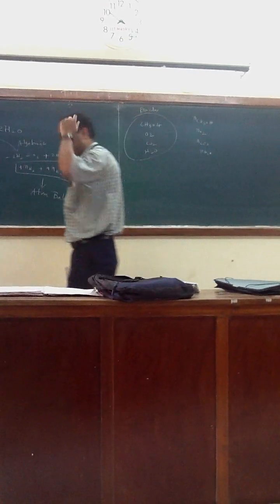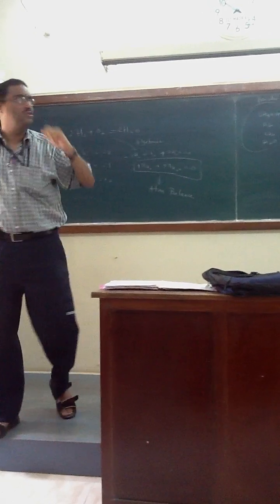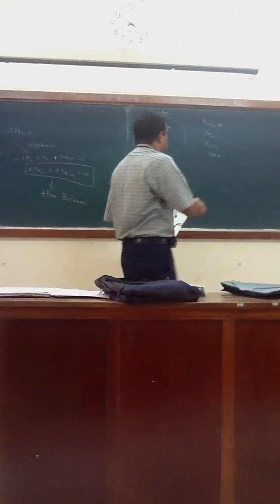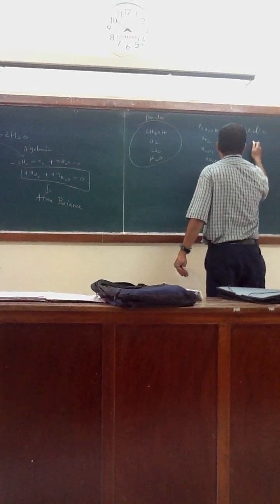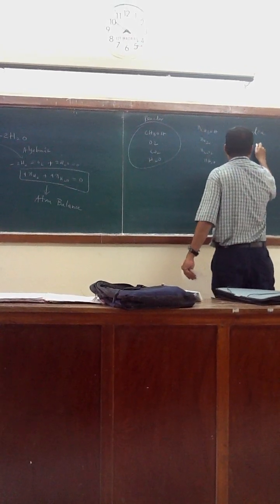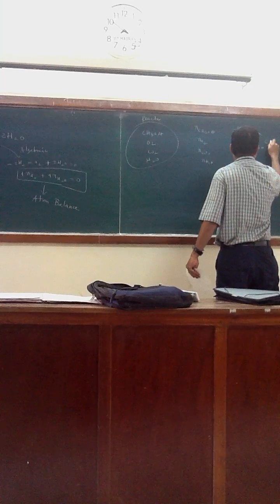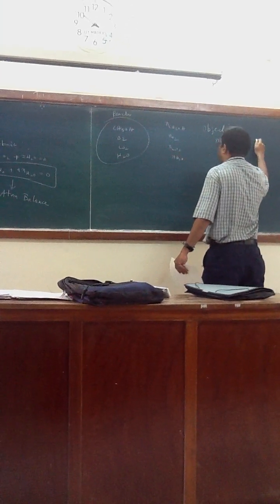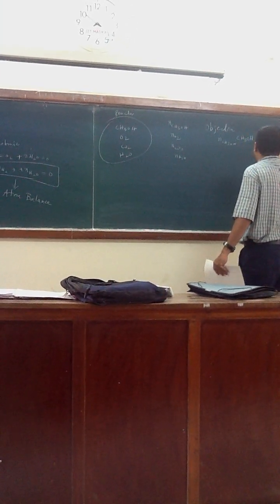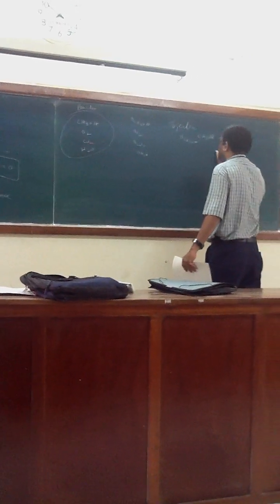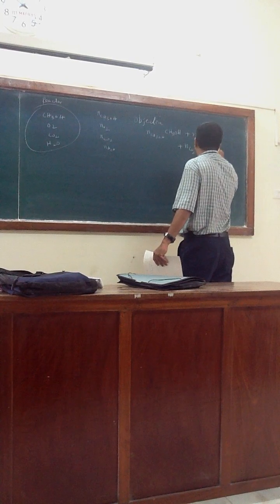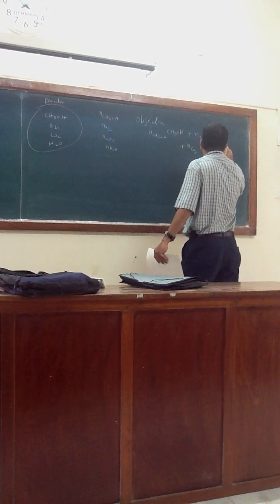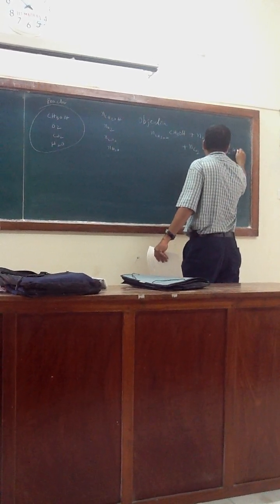So we need to have the balance. That means our objective is what? n_CH3OH times CH3OH, n_O2 times O2, n_CO2 times CO2, n_H2O times H2O equals 0.